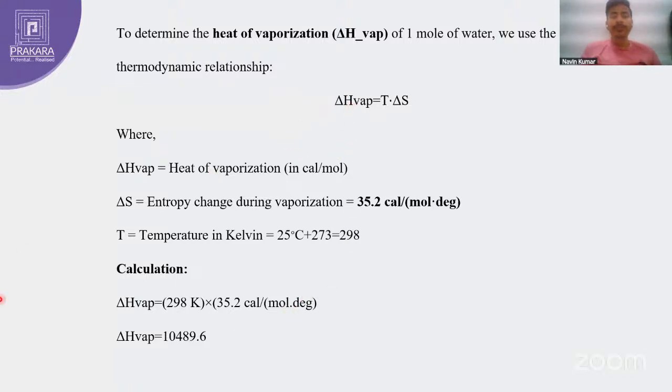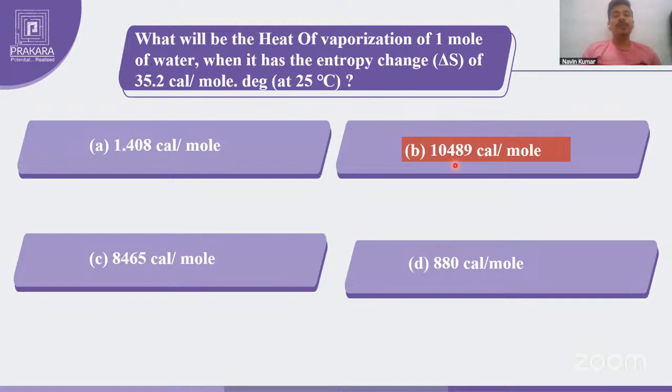And when you do the multiplication, you will have the answer 10489.6. So the correct answer will be 10489 calories per mole. So option B is the correct option. Again, I'm saying a few questions will look big, but they are very simple.